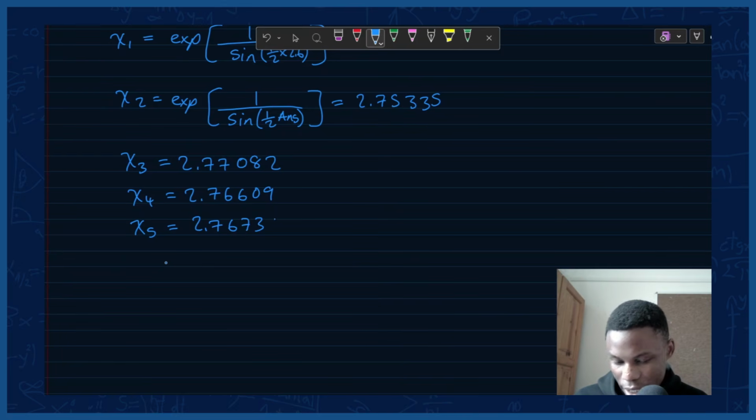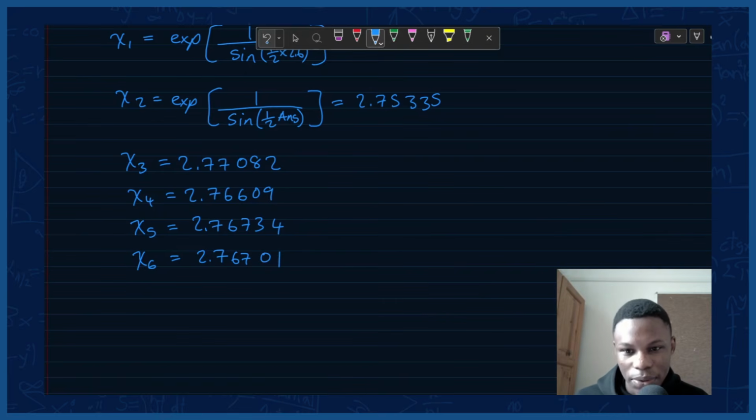3. And then this is 4. 1, 2, 3, 4, 5. Okay. If you round this off to 3 decimal places, oh no, we haven't arrived. We have to keep going because this is 2.766 and this is 2.767. Nice. So press equals again. x6. This is, okay, there we go. 2.767.